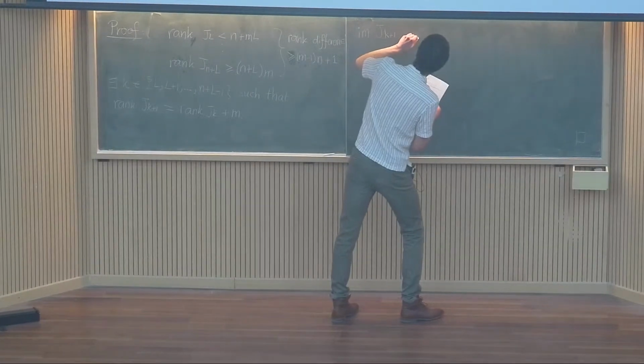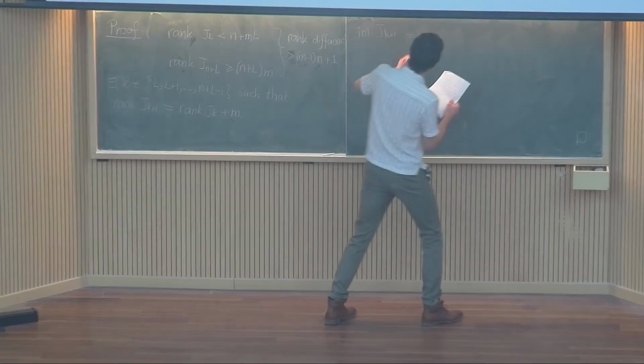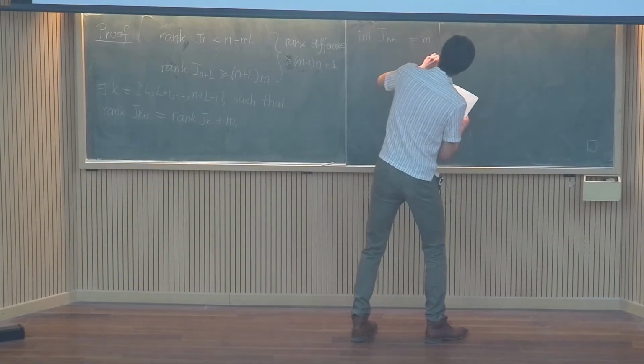So, I'm going to work out this image of J_{k+1}. What is this? Well, this is the image of this particular matrix, right?